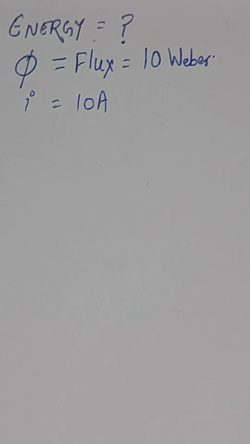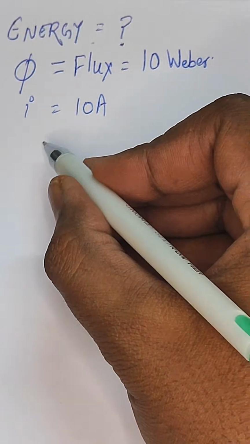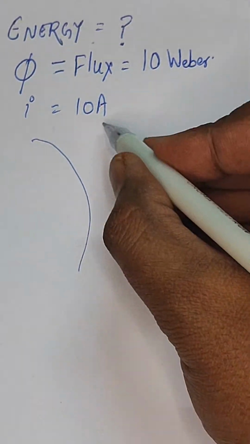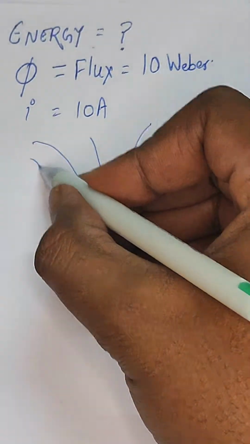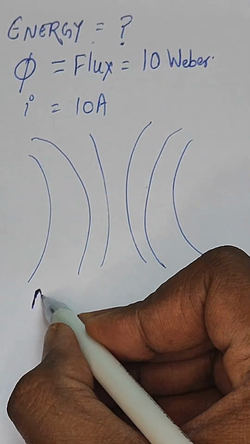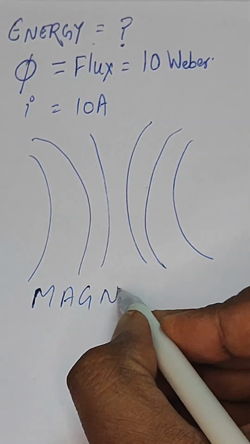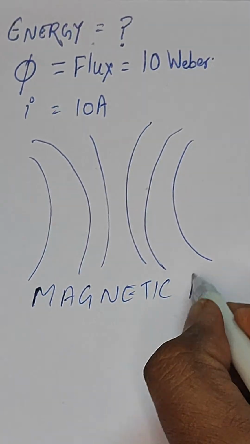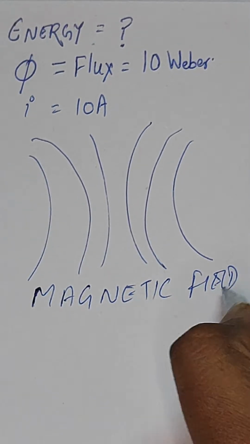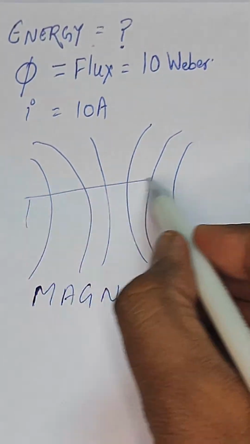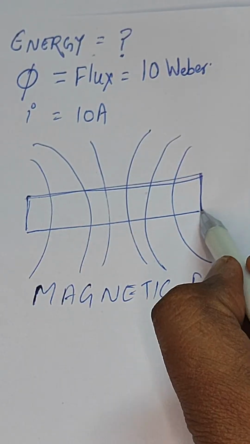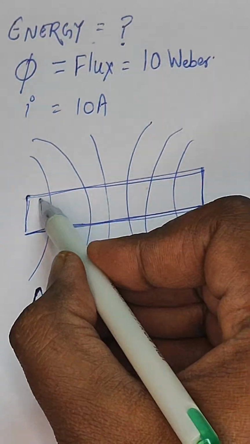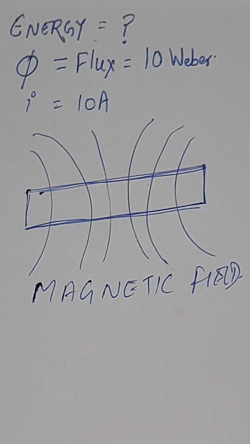Apart from it, the data given is that there are some magnetic fields, having some flux, and this is having a certain coil.